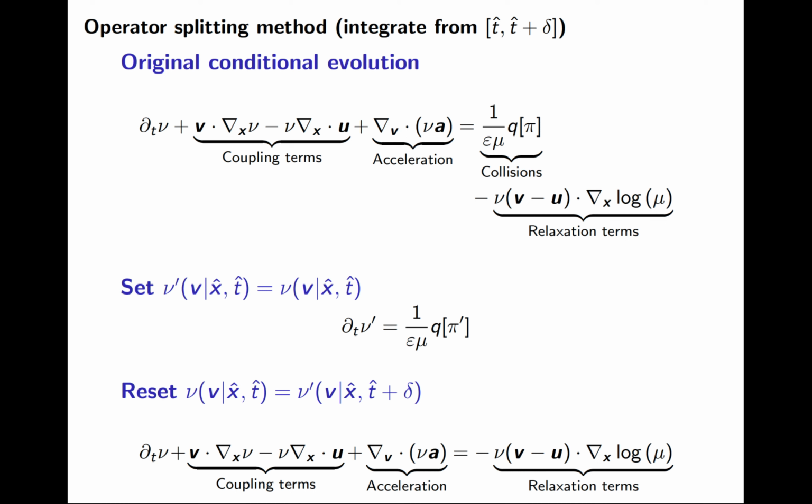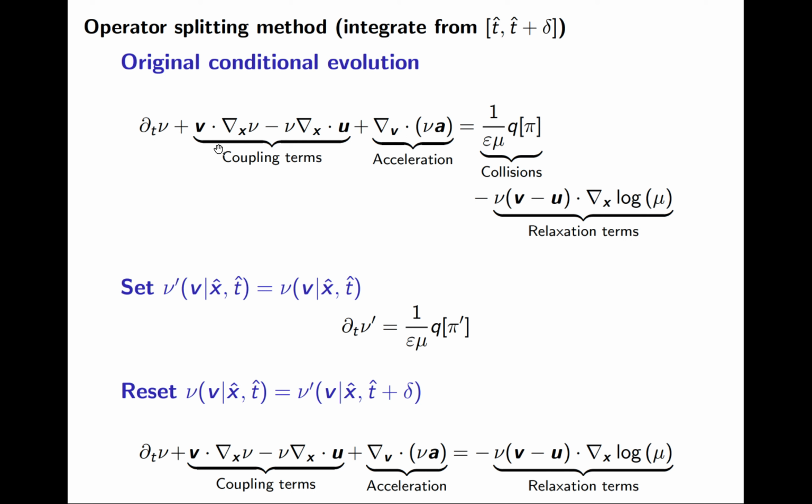And the big challenge that we're going to have to deal with is the fact that these points are scattered around the domain, and because of these coupling terms, any specific one of those points where we care about the conditional density nu is going to be coupled with its nearest neighbors, because we need to evaluate the spatial derivative here.